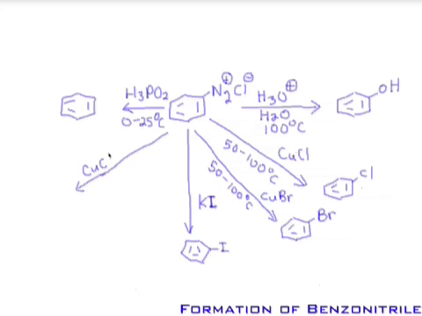Copper cyanide mixed with potassium cyanide, also run at 50 to 100 degrees, will yield the molecule benzonitrile.